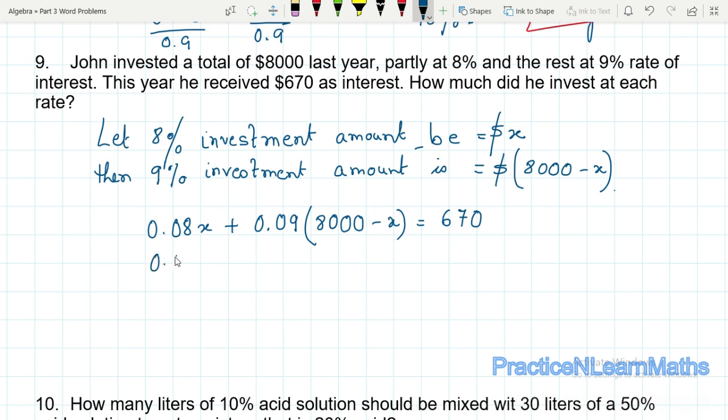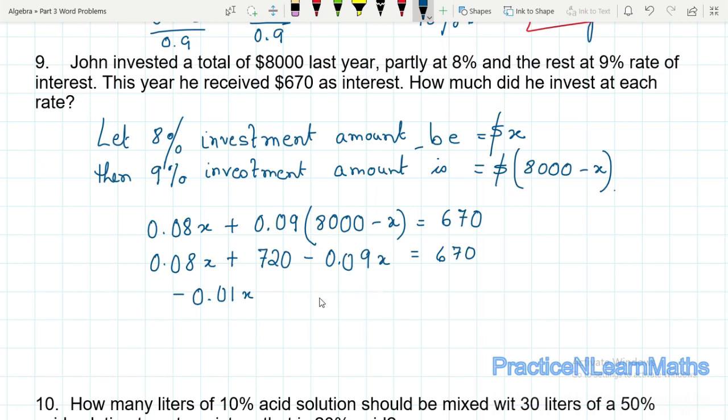So 0.08x plus 720 minus 0.09x is equal to 670. So we get negative 0.01x.